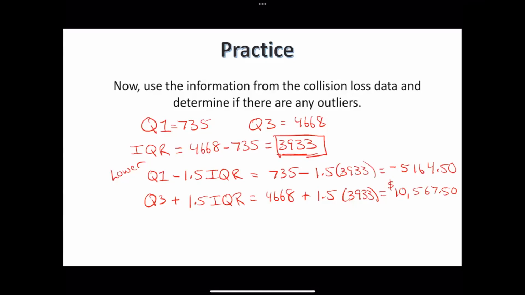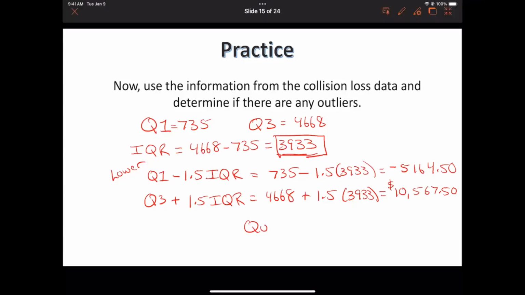That is a really high number, but I have a data value that is higher than that. So we do have an outlier. That's a Q, that is not an O. I have an outlier. I see I did it again. Outlier. Because I have a data value that is higher than this upper fence, it is an outlier. So that outlier is 21,147. That is the highest number in our collision data.